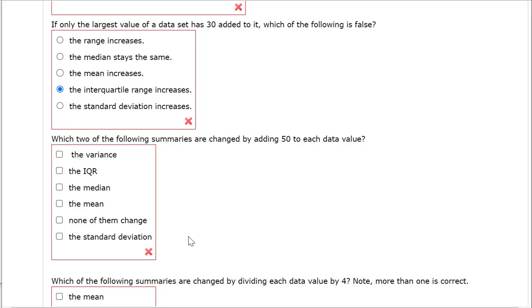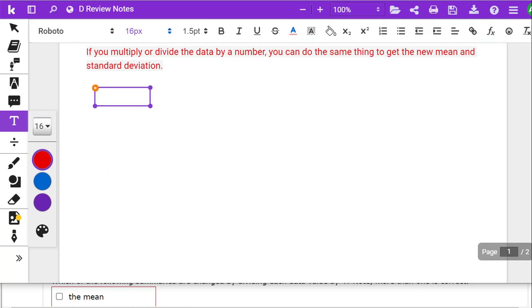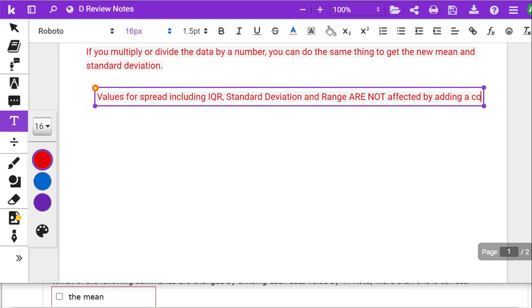Which two of the following summaries are changed by adding 50 to each data value? So variance, anything for spread. Okay, so let's do this. Values for spread, including IQR, standard deviation, and range are not affected by adding a constant to each data point.